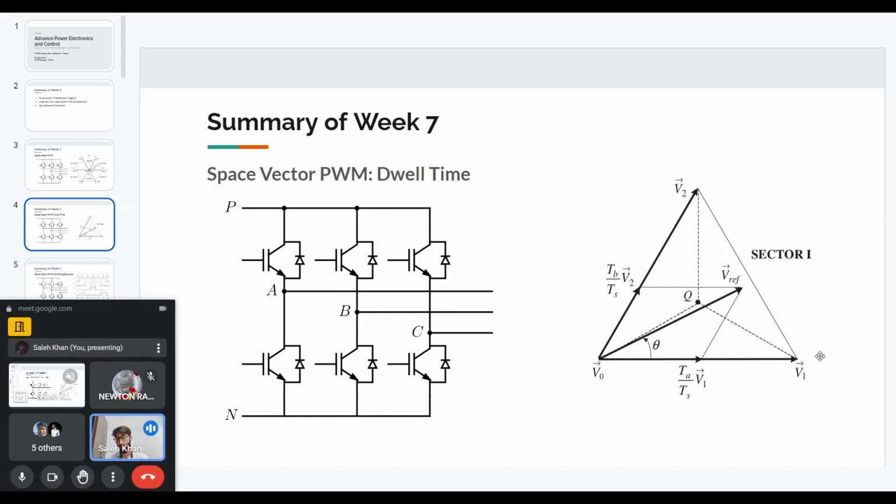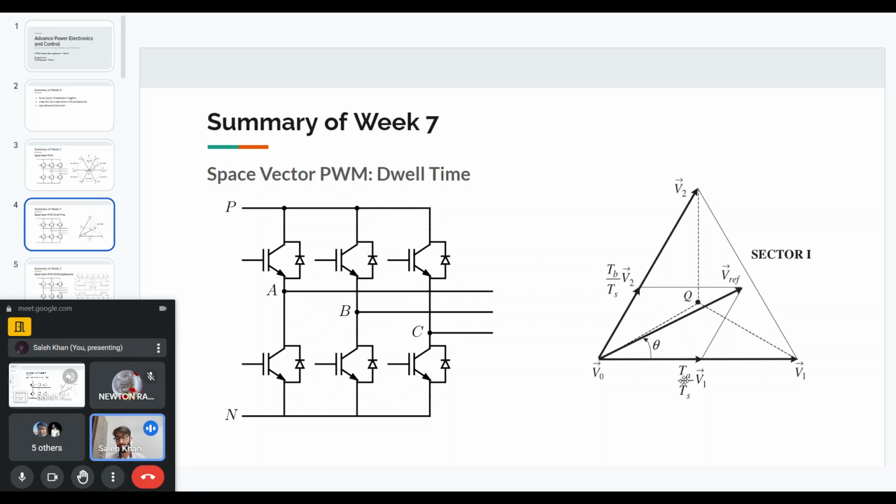Depending on how long we turn on V1 and how long we turn on V2, we can achieve our desired reference vector. The rest of the time in the switching period is given to the V0 vector. So for example, if we have Vref, we can divide it, based on vector analysis from mathematics, into a weighted portion of V1 for some time Ta out of the full switching time Ts, and for some time Tb out of Ts, we will turn on V2.